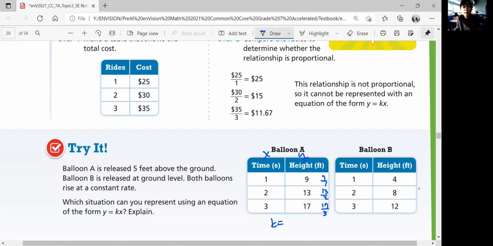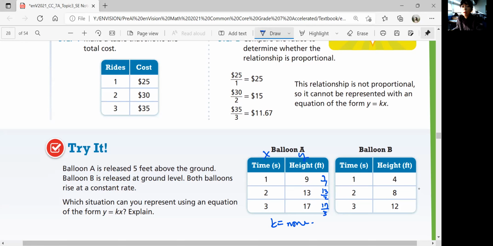So k is undefined, right? 9 and 6.5, it's just going to be different. So we don't have a constant of proportionality for balloon A. So we cannot write this as an equation of the form y equals kx.